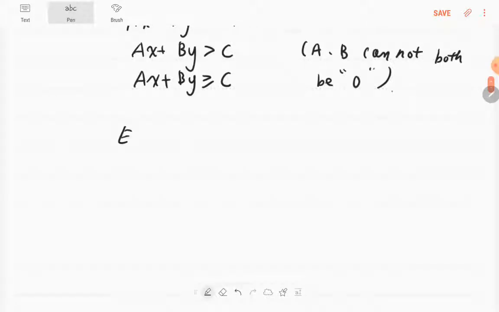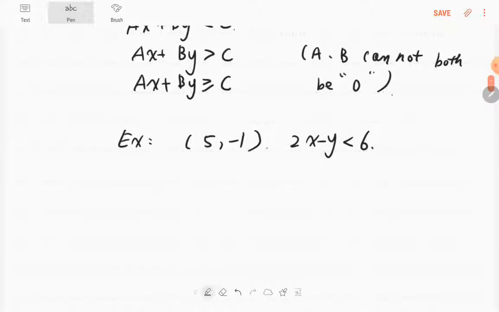Let's check the example. For example, we have this ordered pair and we have the linear inequality. We want to test if this ordered pair is the solution. We only need to plug the values into that inequality.